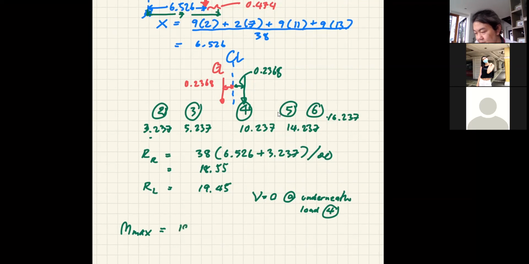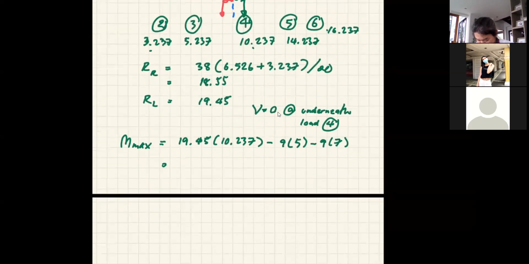So it's 19.45, that's the reaction on the left. And the M max is right here underneath load number 4. So that means it multiplied by 10.237 minus load number 3, it's 9, just 5 meters away from load number 4, and then minus load number 2, another 9, and 7 meters.